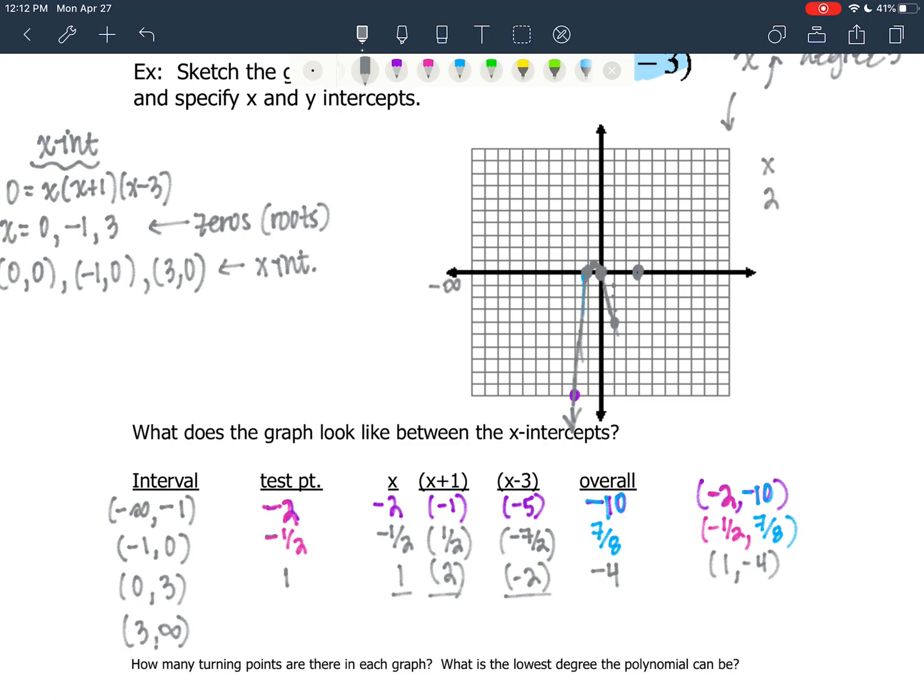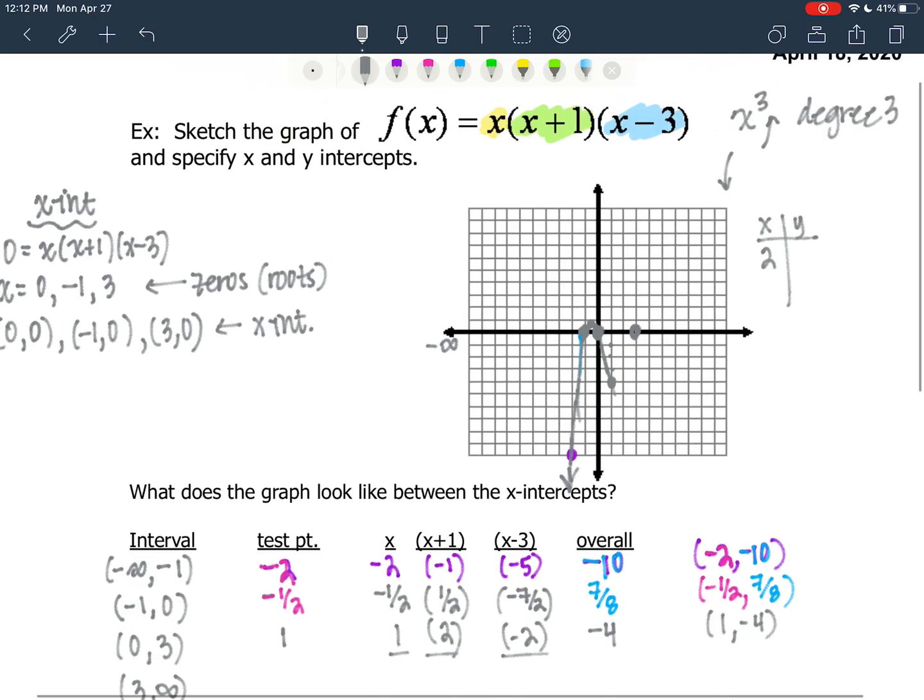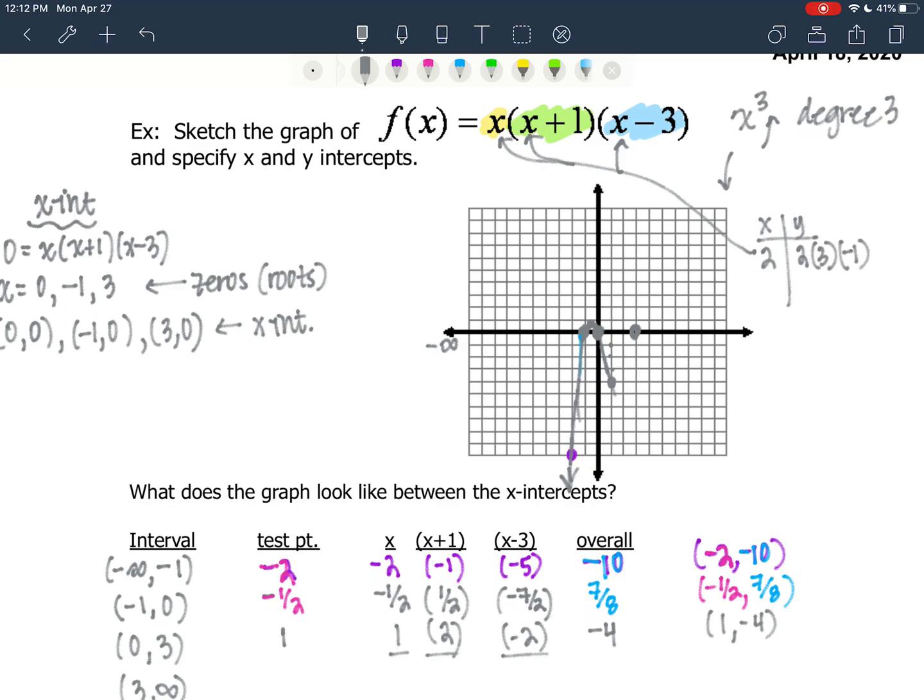So I'm going to put a 2 in. When I put a 2 in, remember my factors, my equation. I'm going to get 2 times 3 times negative 1, which is a negative 6. So when I put a 2 in, I'm going to get a negative 6 out.